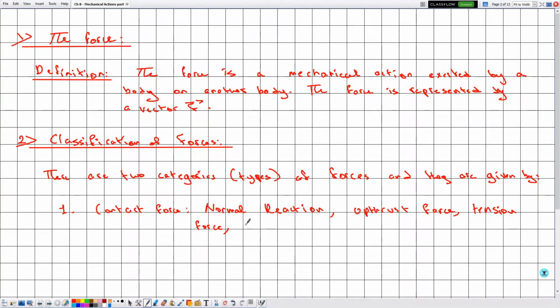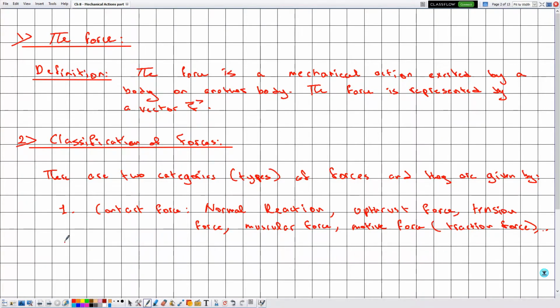We can say the muscular force. Also the motive force, which is the force that causes motion, and this is known also as the traction force. And the list goes on and on.